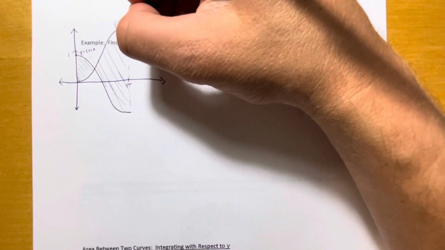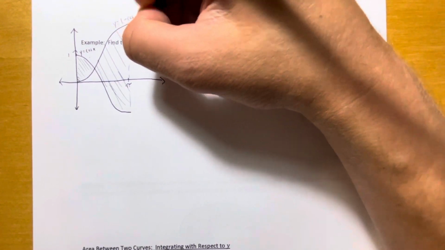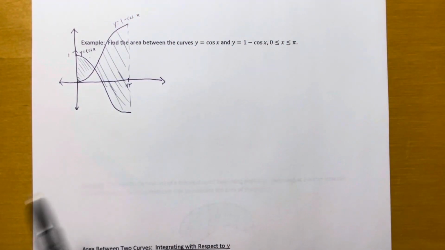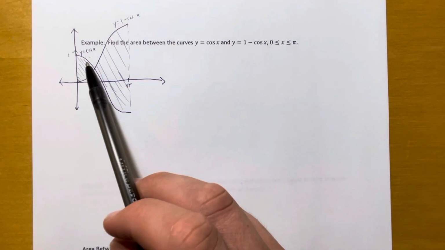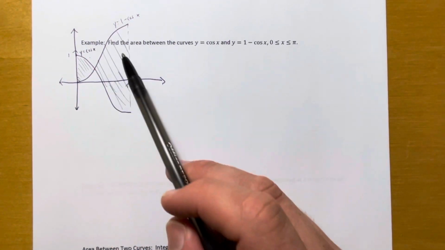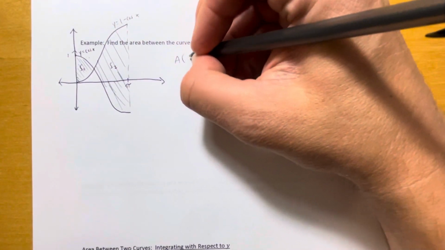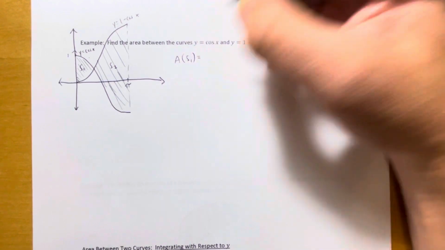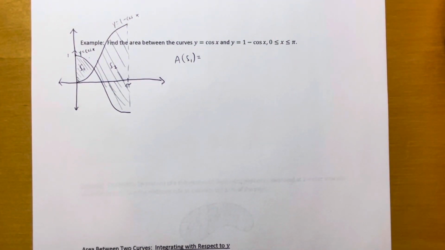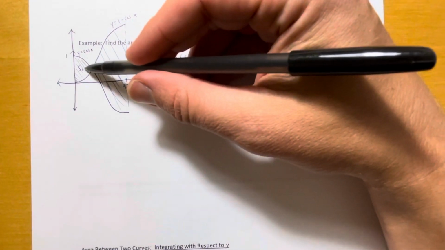So if I label these, y equals 1 minus cosine of x, then I'm going to have to do 2 integrals. One for this first region here and one for this second region here. Let me call this one S1 and this S2. I want the area of S1, which is what I'm going to use that notation to represent. A of S1 just means the area of S1.